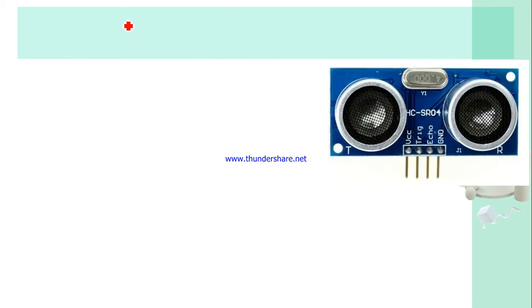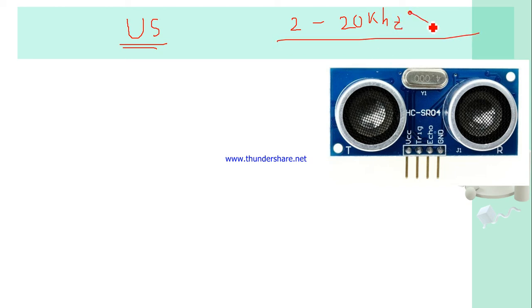Another type of level measurement is ultrasound level measurement. Sonic means which we can hear, that is 2 Hz to 20 kilohertz. This is the range the human ear can detect. But if it is beyond this 20 kilohertz, this is called ultrasonic. The human ear cannot detect that.